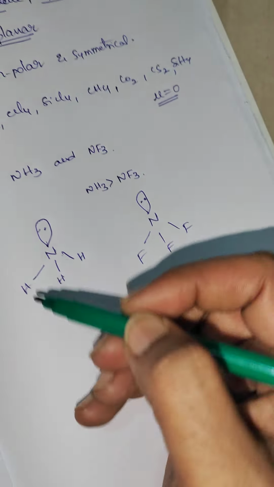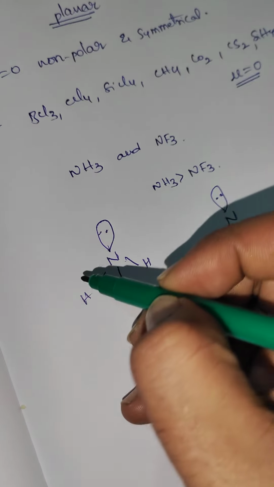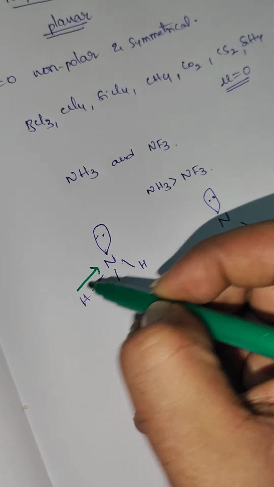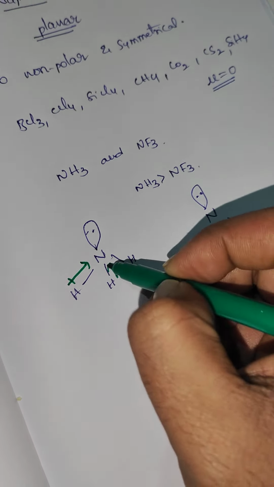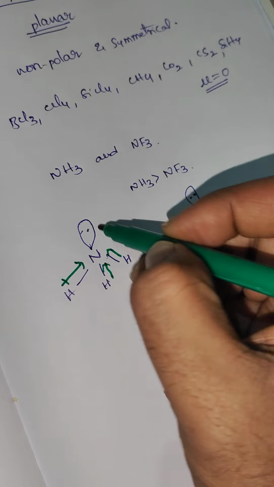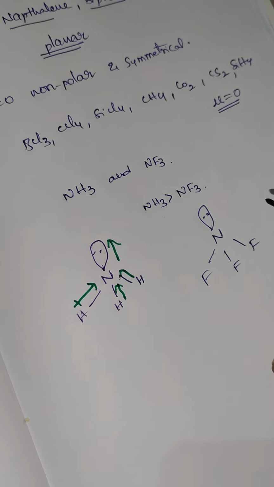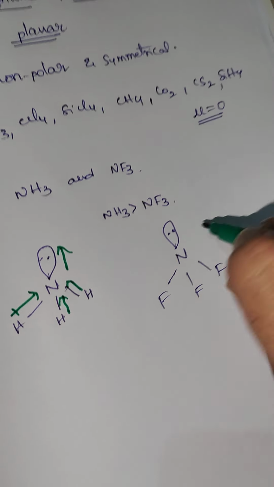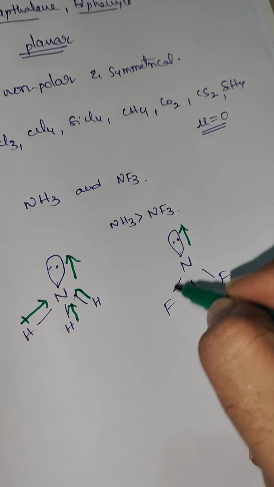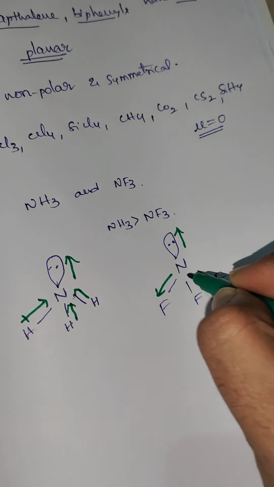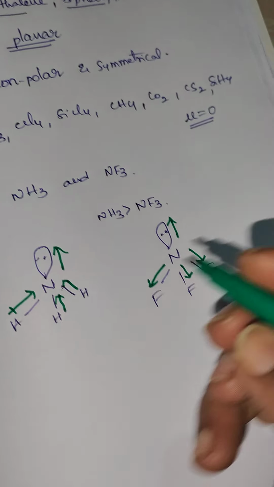Like this, hydrogen and nitrogen. Nitrogen is more electronegative, so the direction is like this. Here also the direction is like this, and here also. Here the lone pair direction is like this. But here the direction starts like this, because fluorine is more electronegative than nitrogen.